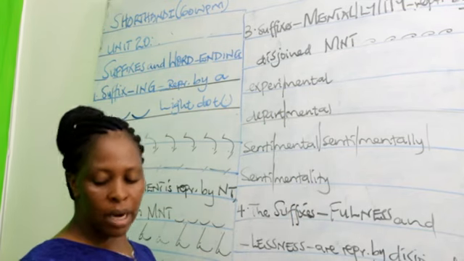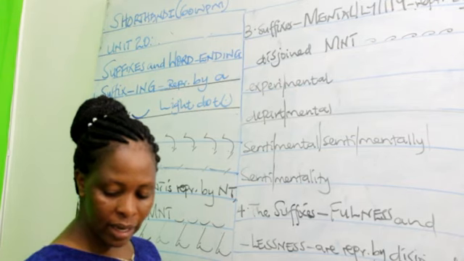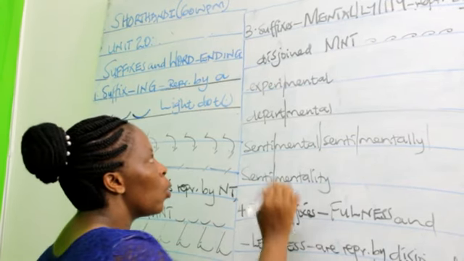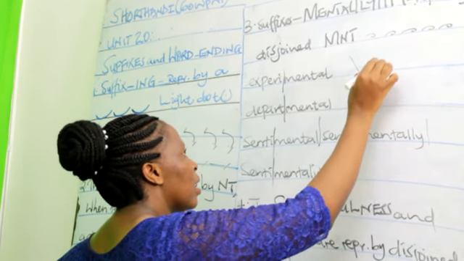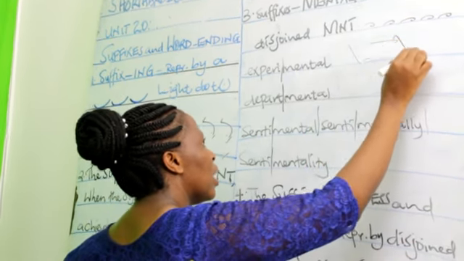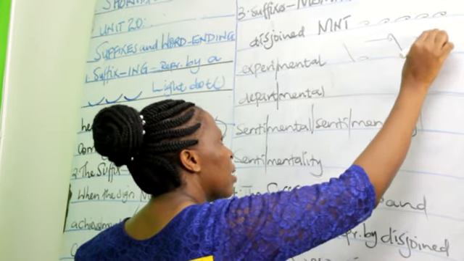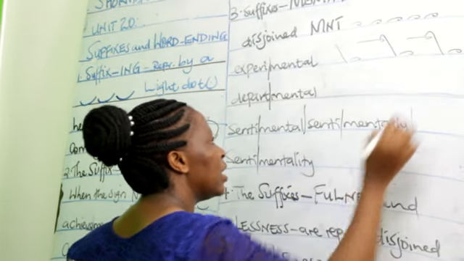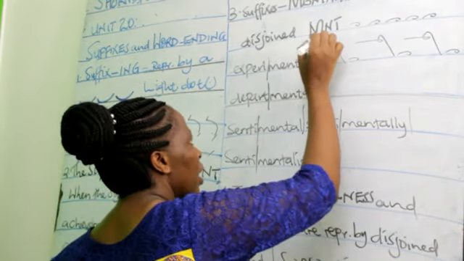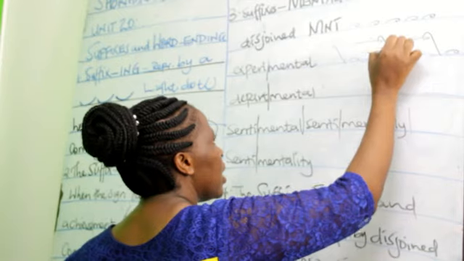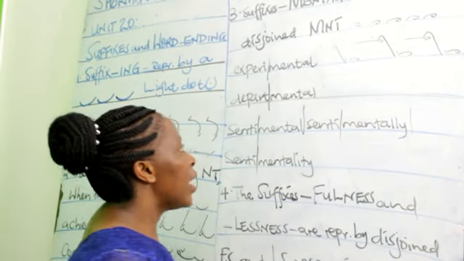So the word experimental, we are going to disjoin with that M. We drill the word experimental. That is how we drill the word experimental, and we indicate the short A there and a short E at the end.